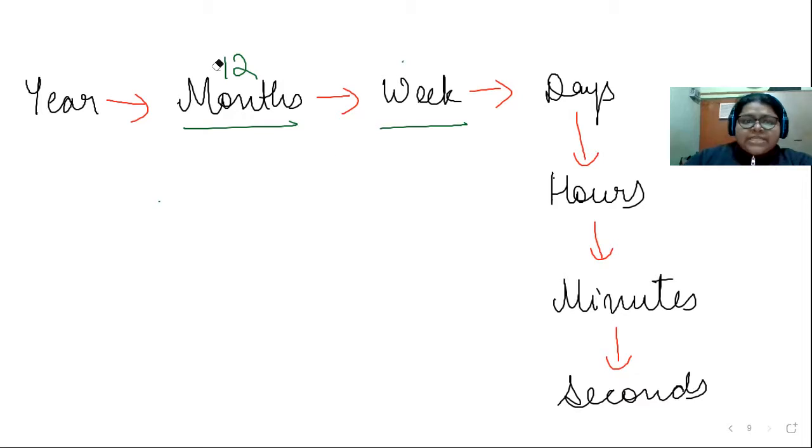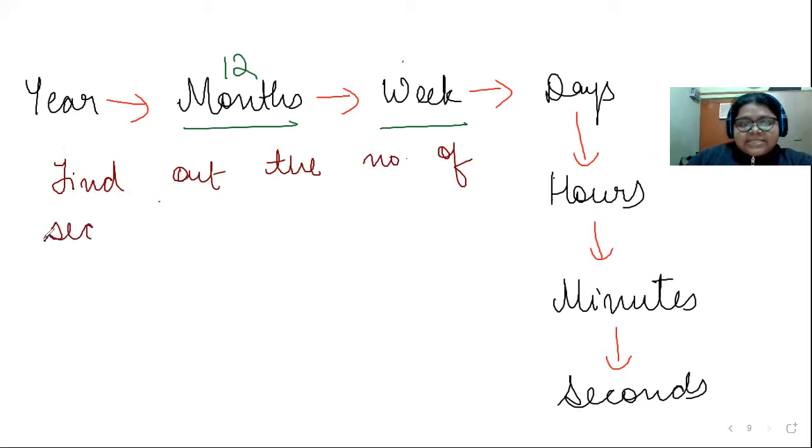So if my question is, let me write the question here: find out the number of seconds in 1 hour. So what is given to us?